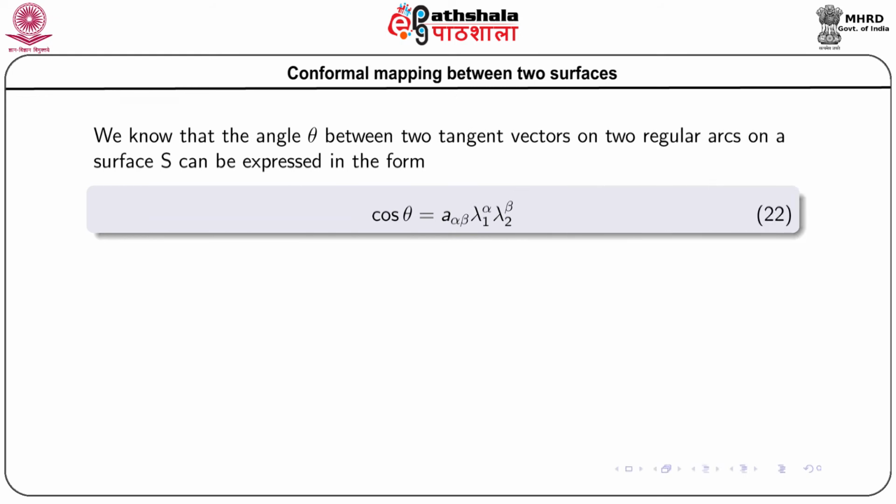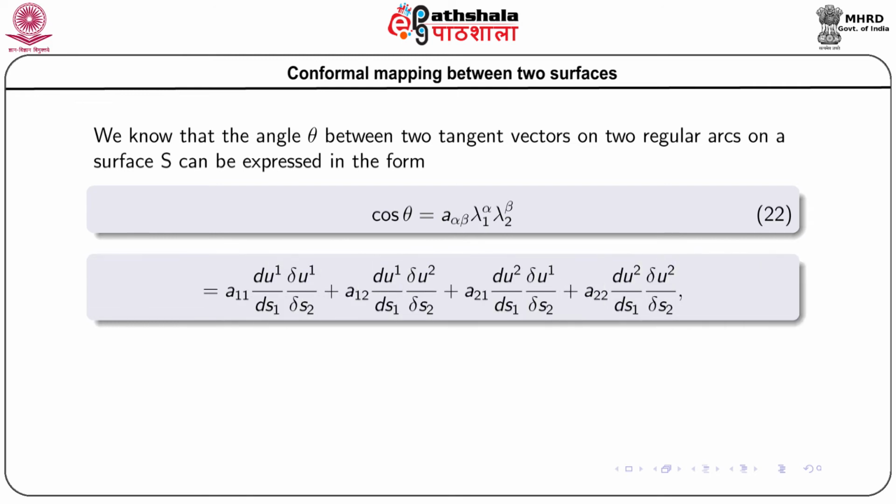Now, we know that the angle theta between two tangent vectors on two arcs on a surface S can be expressed in the form cos theta equals A alpha beta lambda 1 alpha lambda 2 beta. So, if we break this one, that means alpha beta is running from 1 and 2, we will get this one, A11 du1 ds1 del u1 del s2.